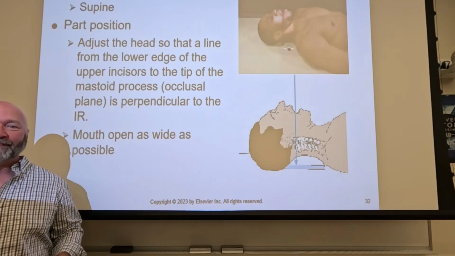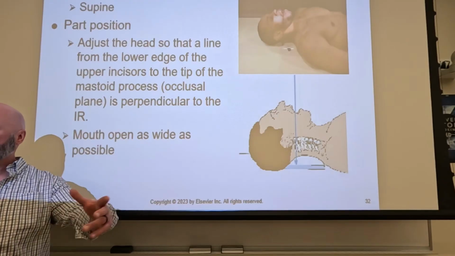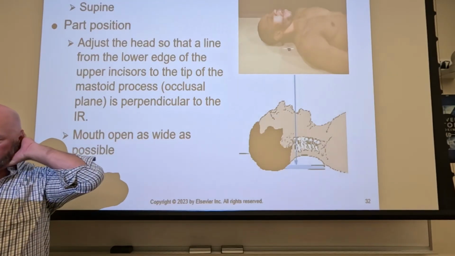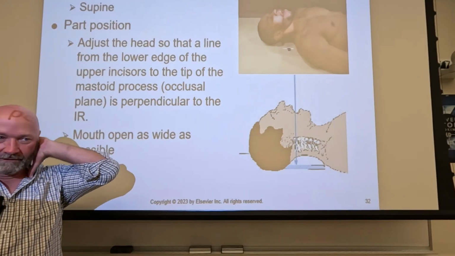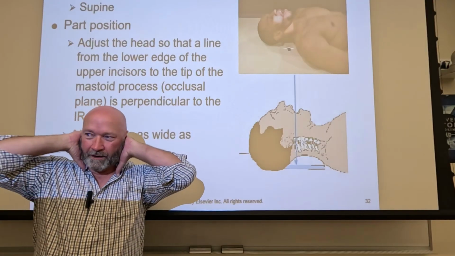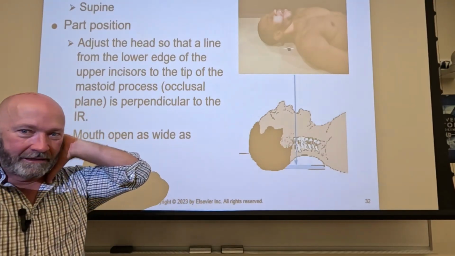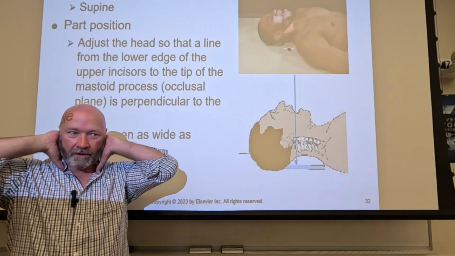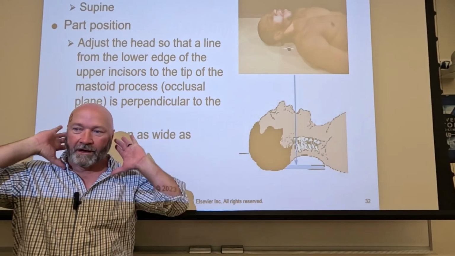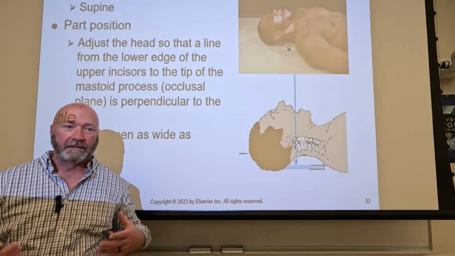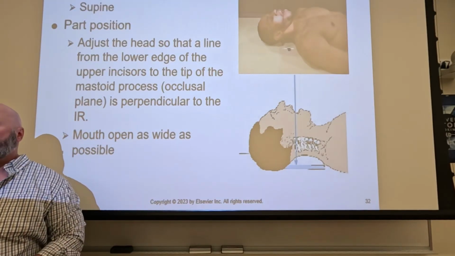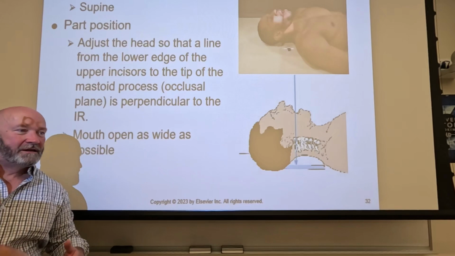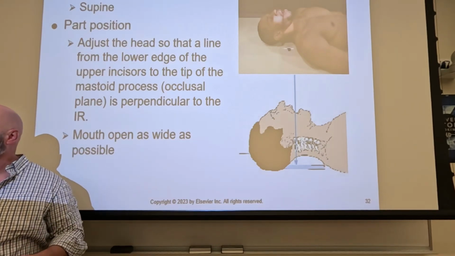And then you got the patient in a collar, right? And the collar comes up to about here. So where is that mastoid process in relationship to the collar? It's down inside of it. So how are you gonna feel where the mastoid process is if they got a collar on? You gotta mash your finger down inside the collar, right?